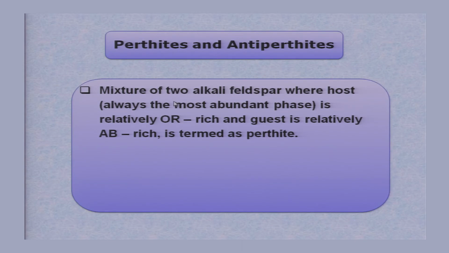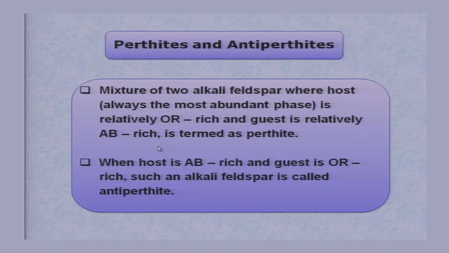Now, I am coming to another variety of texture, which is called perthite and antiperthite, or perthitic or antiperthitic textures. What are perthite and antiperthite? Perthites are mixtures of two alkali feldspars where the host, always the most abundant phase, is relatively orthoclase rich, and the guest is relatively albite rich; this is termed perthite.